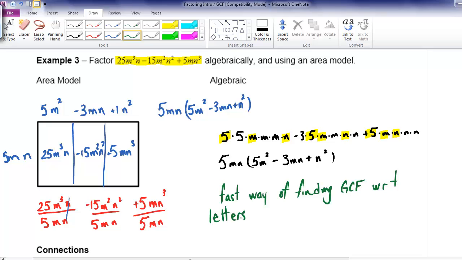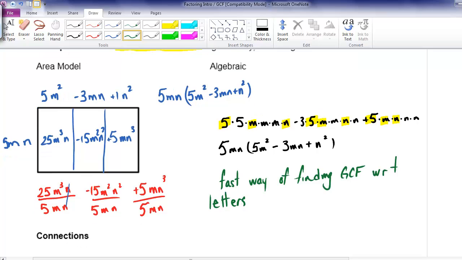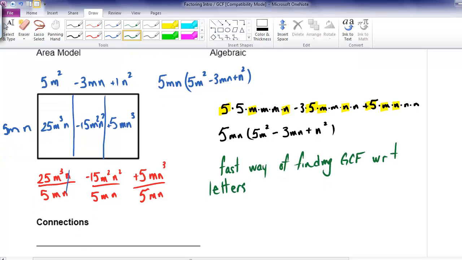We don't have to expand everything out. That takes a lot of time, and we don't have to do it. So what I would hope you would notice is, with respect to letters, the greatest common factor is the biggest power that goes into all of the terms.